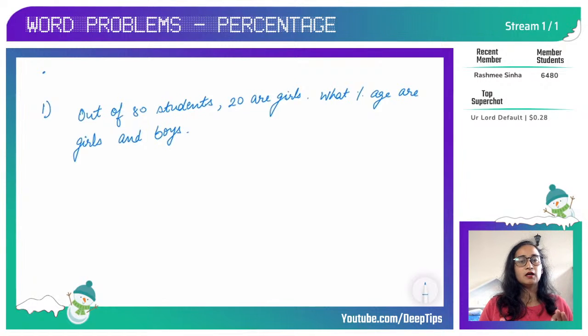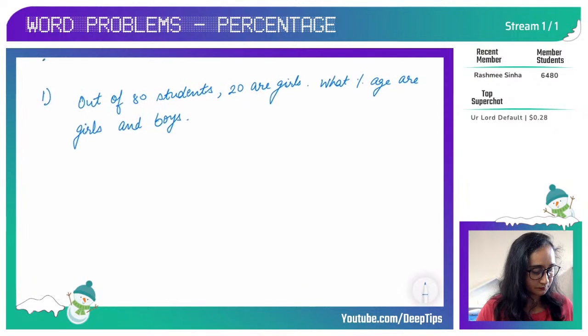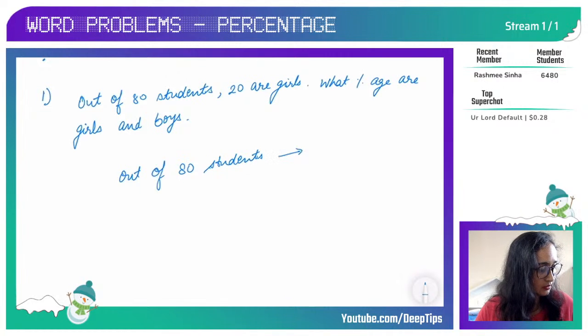I'm not going to tell you, okay, do 20 by 80 into 100, because we know percentage means out of 100. So children, for every 80, or if I say out of 80 students, how many girls do I have?